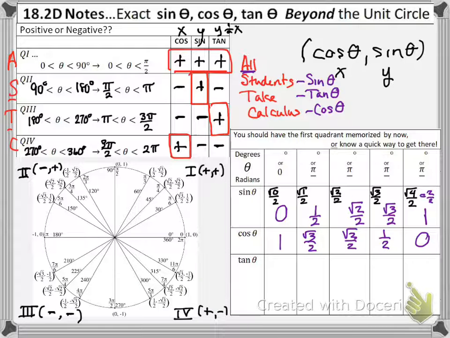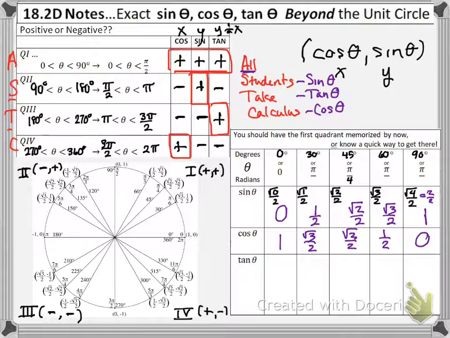Ooh, let's go back and put the degrees on the top. 0 degrees, 0 radians, same thing. If I'm looking at the special ones, I have 30, 45, 60, and 90. 45 is the same as pi over 4.